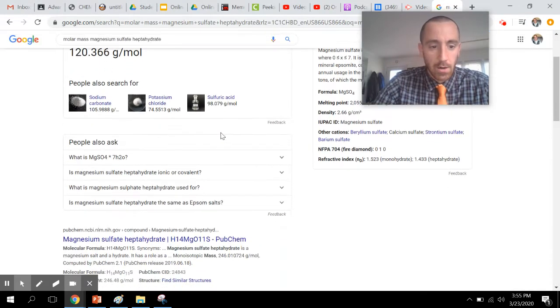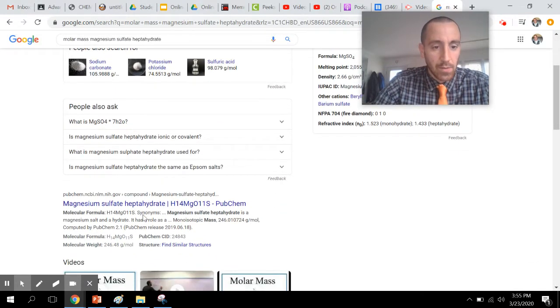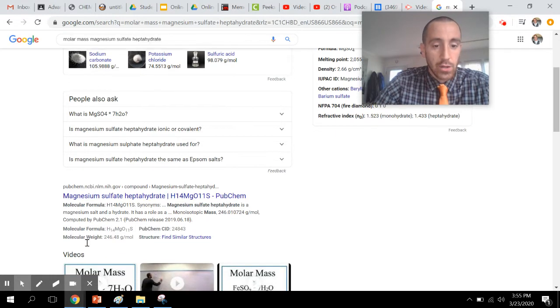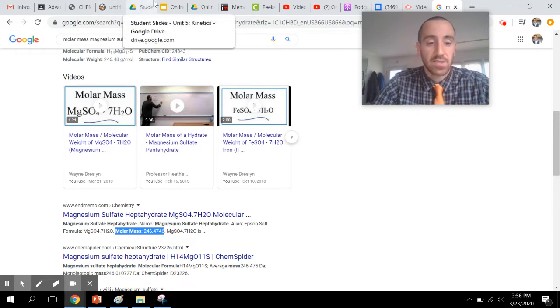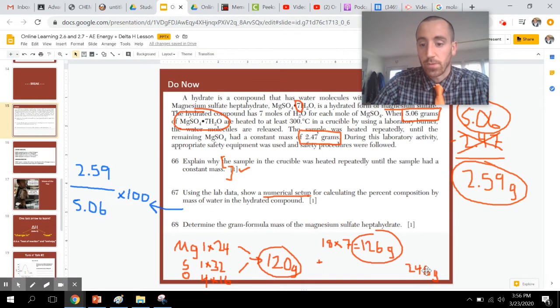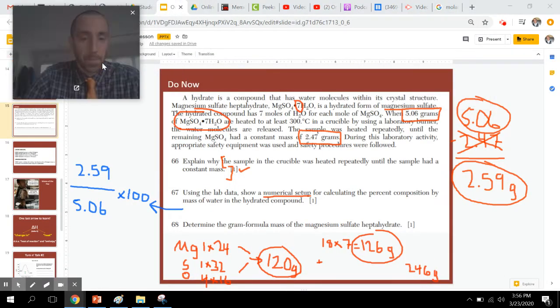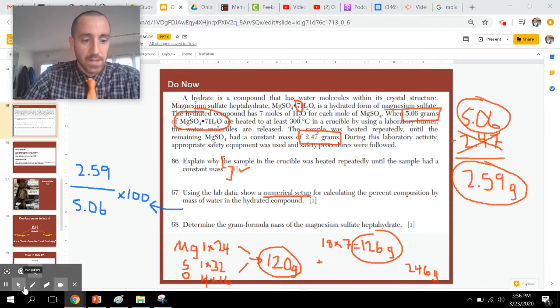So let's keep looking here, and all of a sudden you see down here that we have magnesium sulfate heptahydrate, and we have a molecular weight of 246, right? You can totally go Google this and confirm it, but the molar mass of magnesium sulfate heptahydrate is in the neighborhood of 246 grams per mole. And that is, in fact, what we had, 246. All right. So our answers are correct.